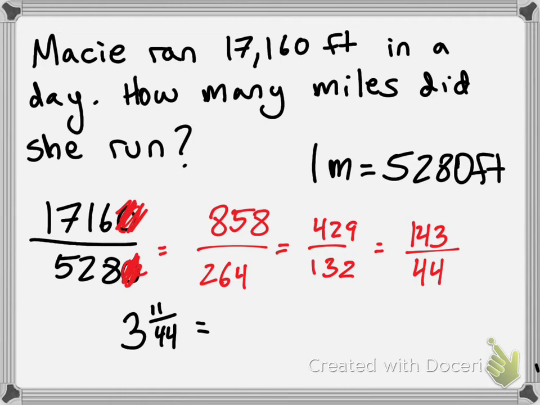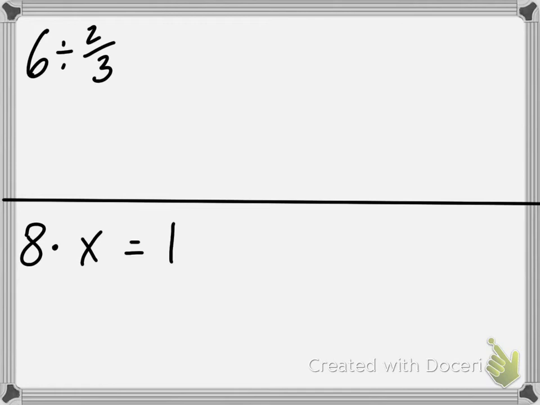But I can simplify that. Amelia, 11 over 44 simplifies to what? Exactly, they're both divisible by 11. We get 1/4. Like I said, don't worry, we won't have as big of numbers on the test, I believe.